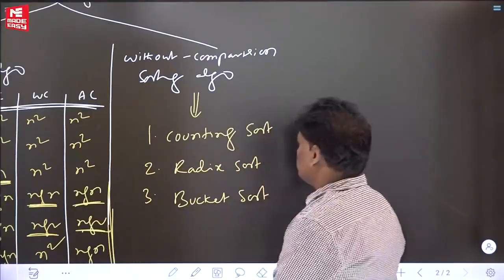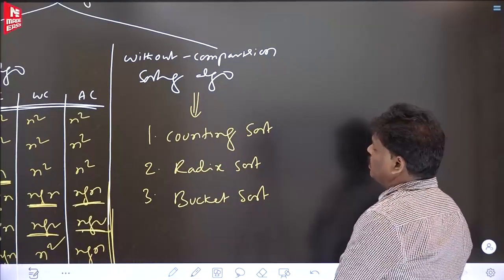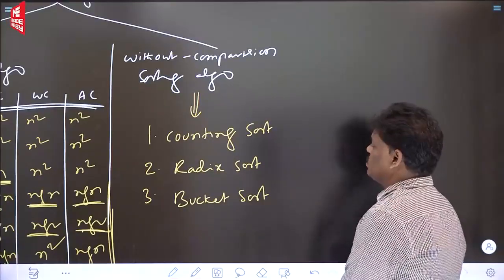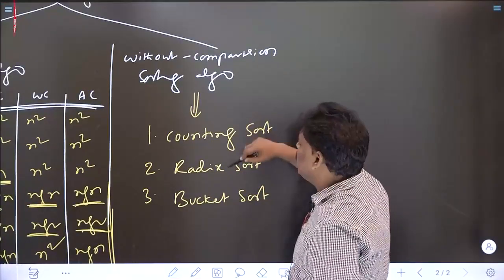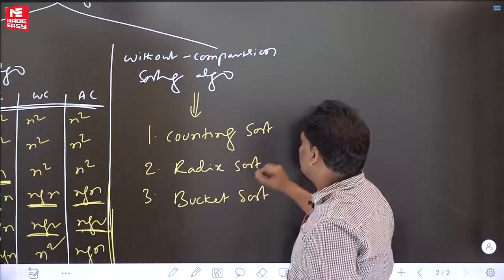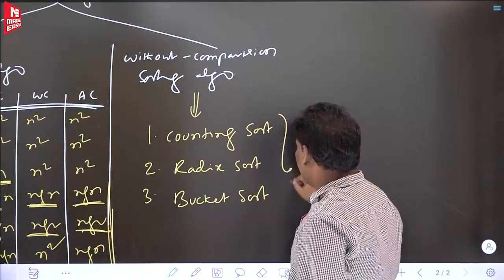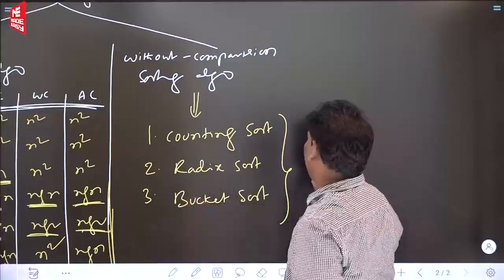Without comparison, sorting the array, three ways: counting sort, radix sort and bucket sort. Remember these three algorithms.